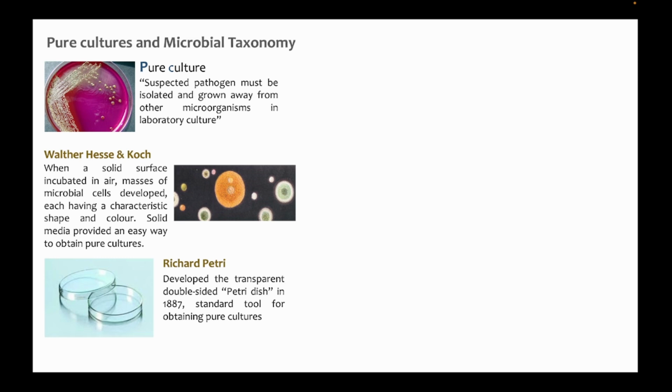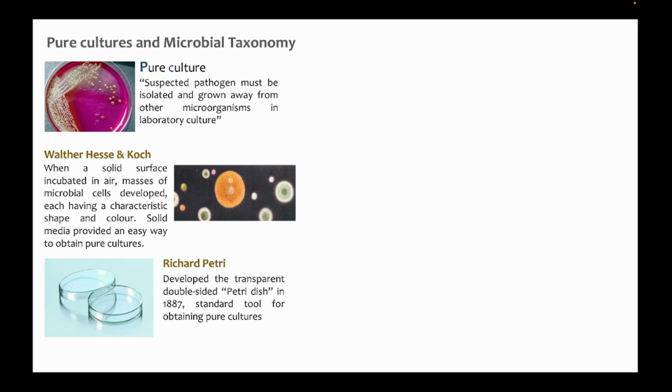At that time, when they were just beginning, they were using gelatin to make the solid media. But gelatin melts at a certain temperature, about 37. Most diseases are around that 37 degrees Celsius, so it's not suitable.